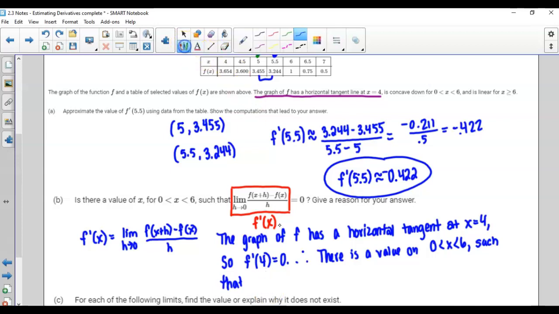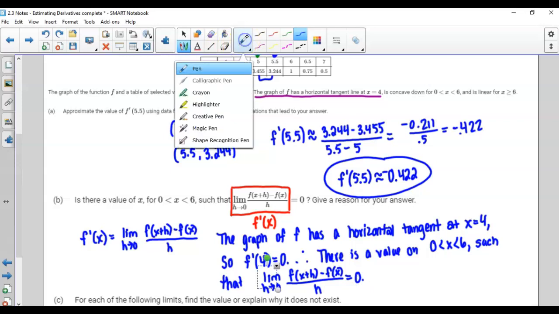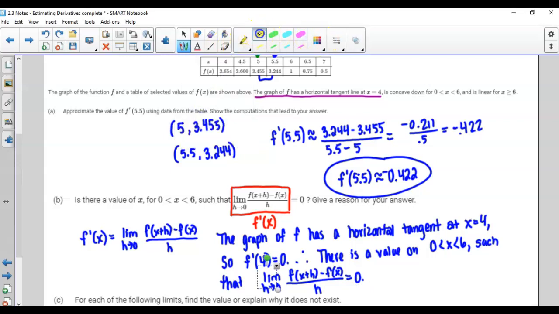such that the limit as h approaches 0 of f of x plus h minus f of x all over h equals 0. So you'll notice right there at the end, this is a good thing to do on free response questions. I really just restated the question in my answer.